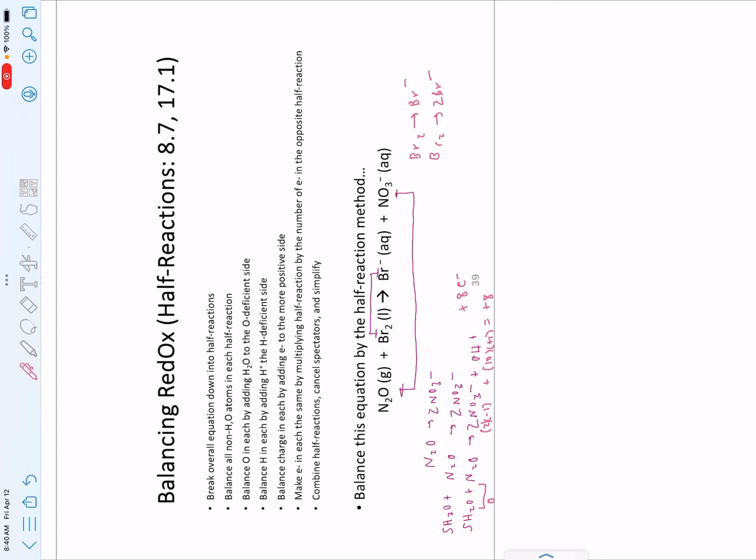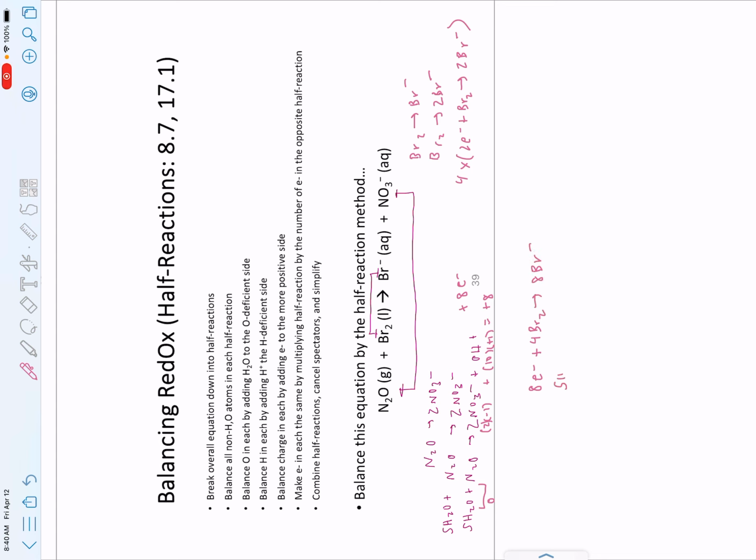Okay, so the last step is to combine and simplify. So as I take this particular reaction, I've got 8 electrons plus four Br2s give me 8 Br minuses. And I've got my other half reaction, which has N2O and 5 waters over here.